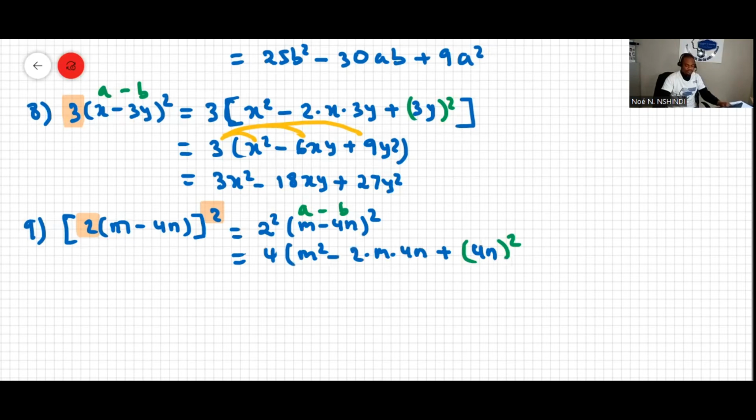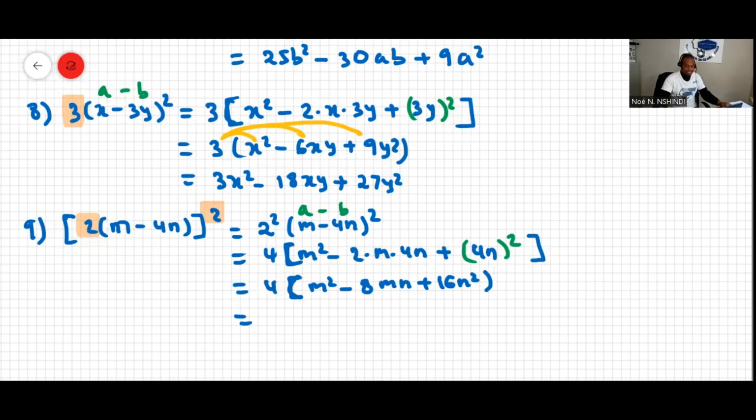So because of this, I will put another bracket here. Now this will be 4, round bracket, m squared minus 8mn plus 16n squared.